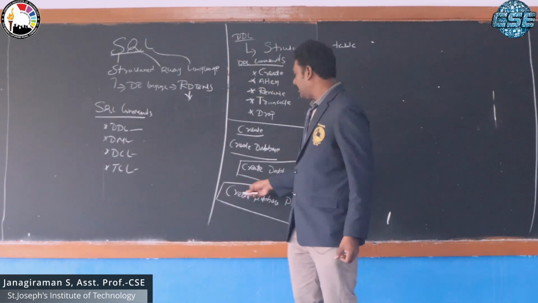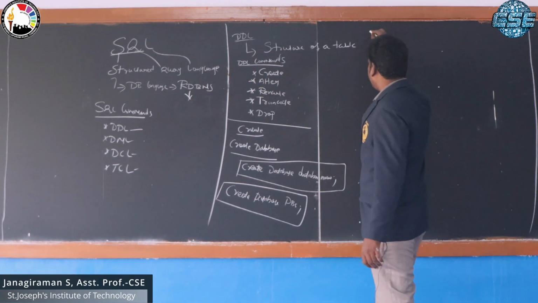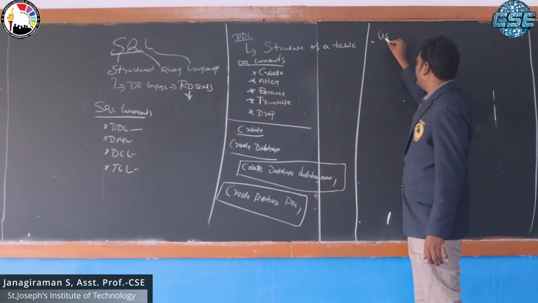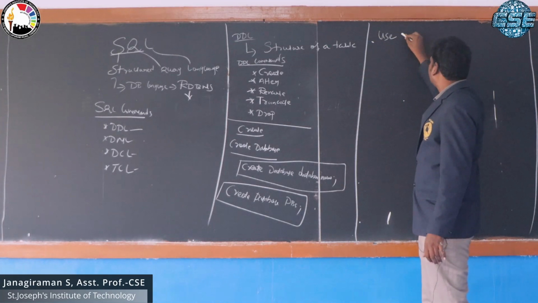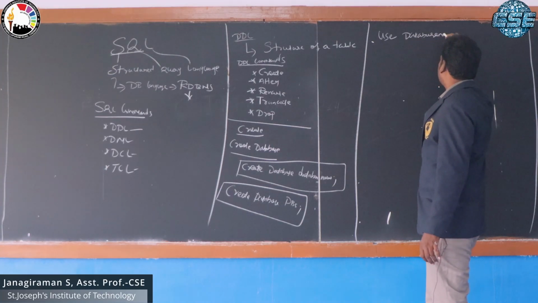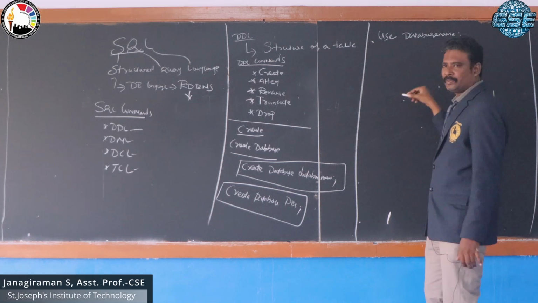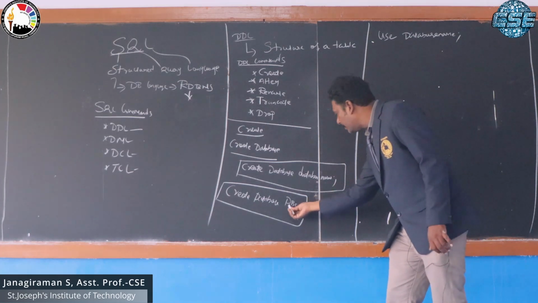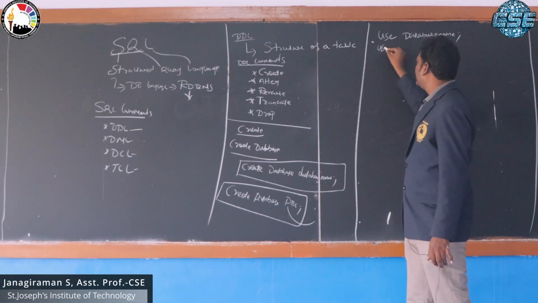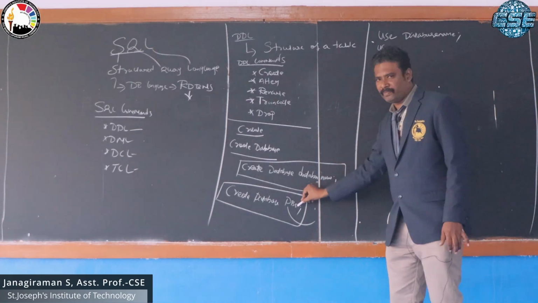Then I have to use the database. How can I use it? Again I have to follow a syntax: use database name. So how can I use this particular database db5? You have to use the keyword use, and then the database name.